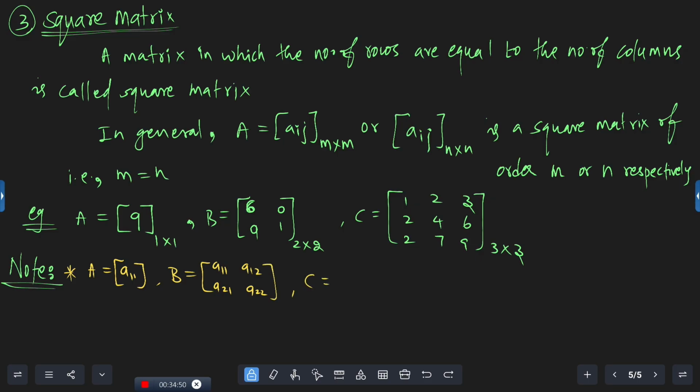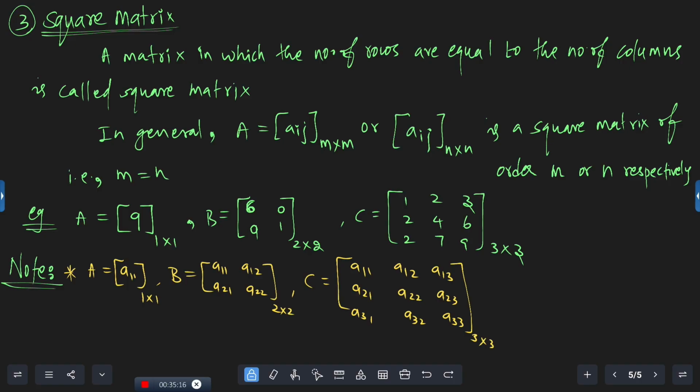And C matrix, I'm going to write as A11, A12, A13, A21, A22, A23, A31, A32, A33. This is the general form of a 3 by 3 matrix. The first is 1 by 1, the second is order 2 by 2, and this will be order 3 by 3.